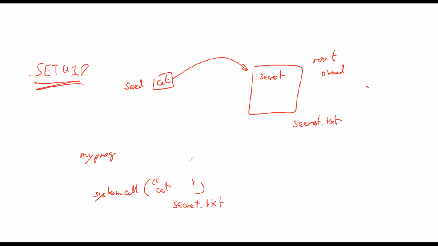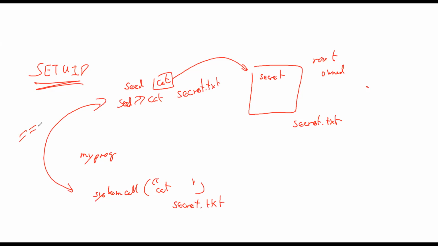Do you see that there? It's literally the same thing, because over here you would just do it on the terminal as seed. You would say cat secret.txt. Both of these are exactly the same thing.